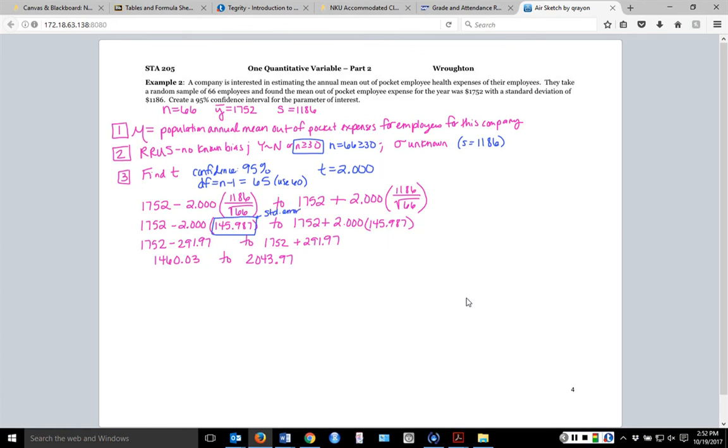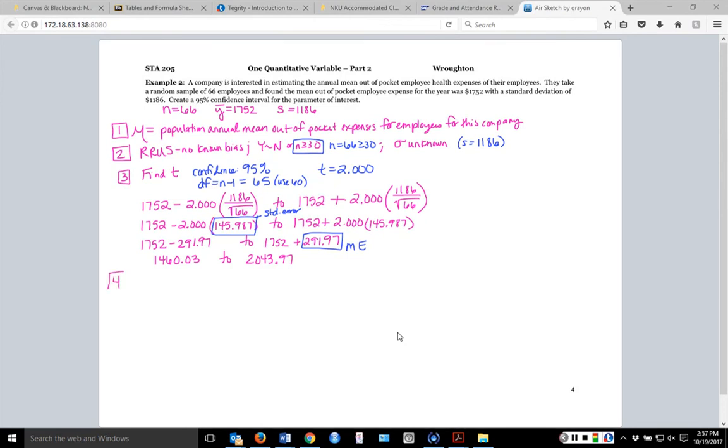And this 291 number is our margin of error that we have. From that margin of error is what we add and subtract from either side. Standard error is like our estimated standard deviation. So notice how those terms relate to our quantitative variable.